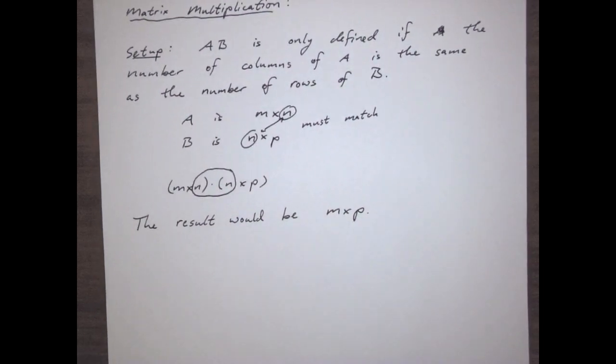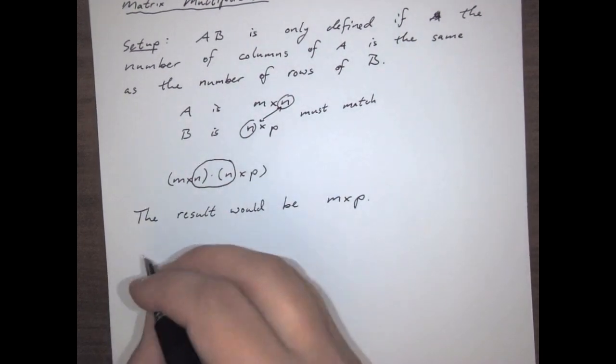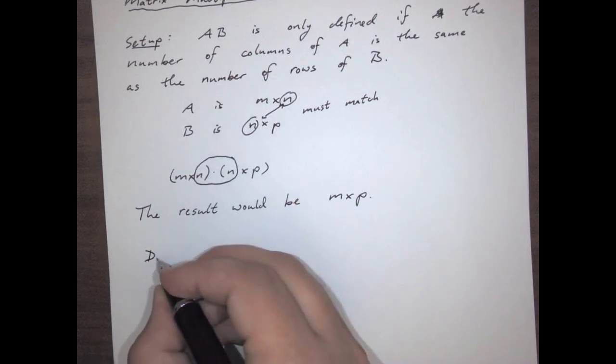Now, to actually generate the result, let's take a little interlude and remind you what dot products are. So, interruption: the dot product of vectors.